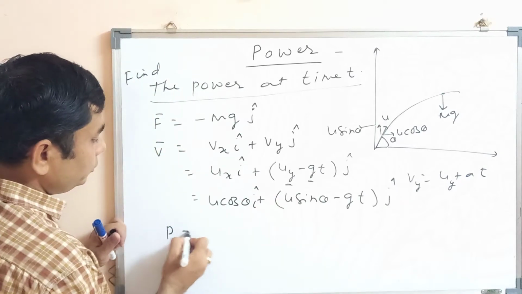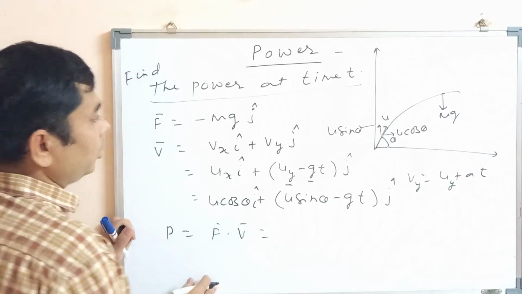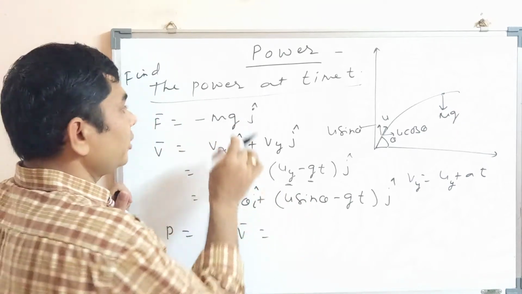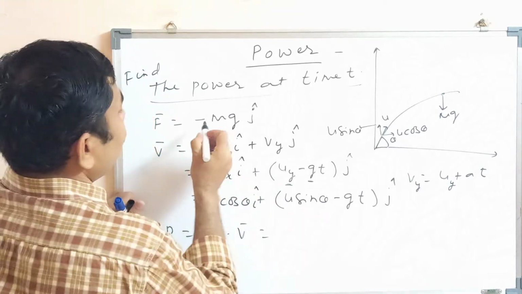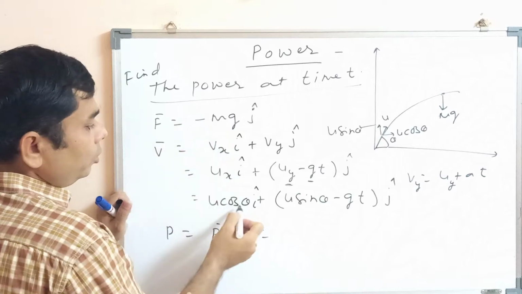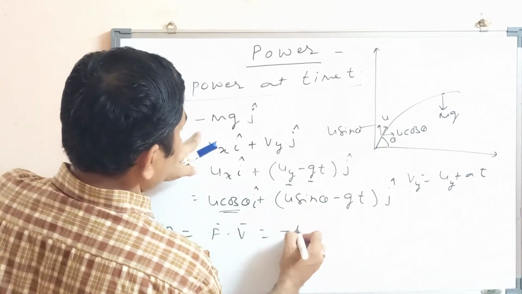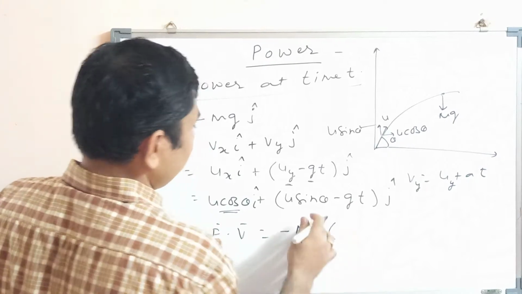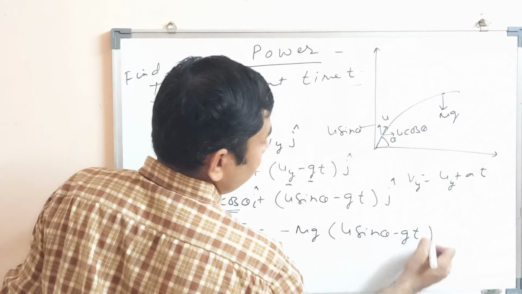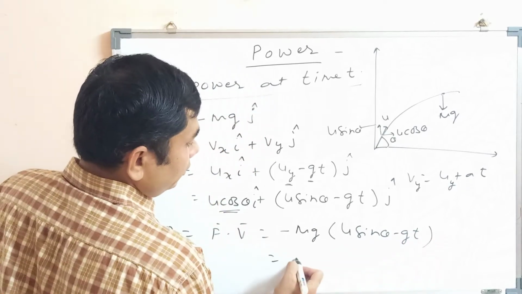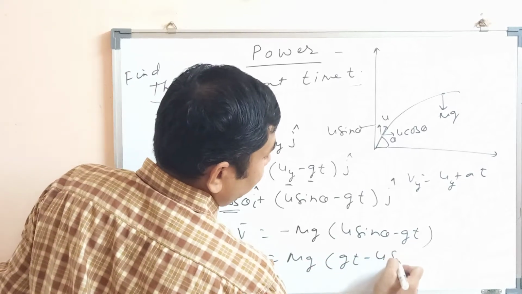So power, which is equal to F vector dot v vector, will be equal to what? In a dot product, what do we do? We multiply the corresponding components. Okay, so there is no i component in the force, so it is 0. 0 into ux is 0, and then this one is minus mg into (u sin theta minus g t). We can write this as mg into (g t minus u sin theta).